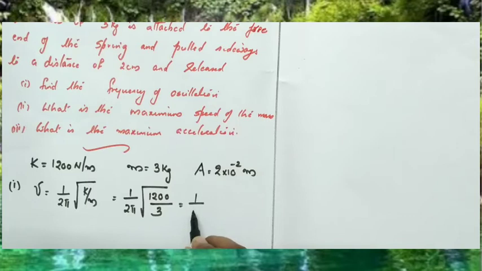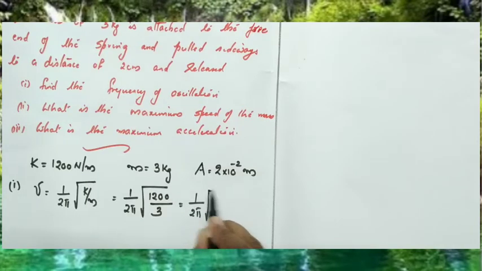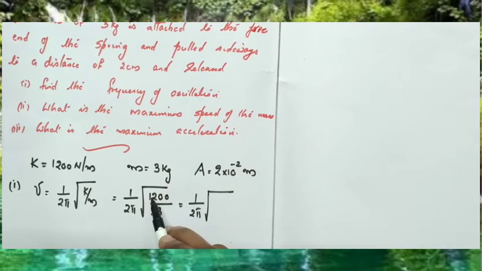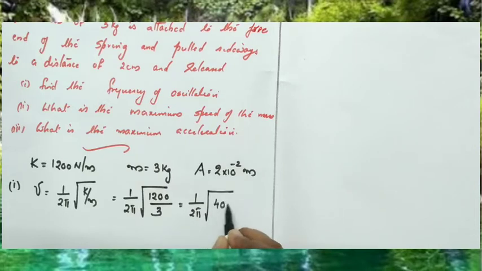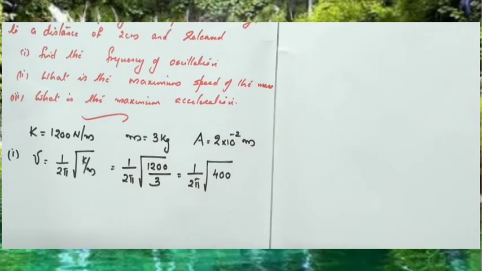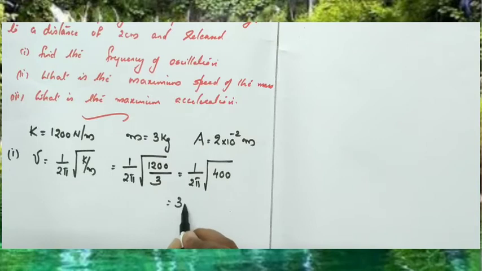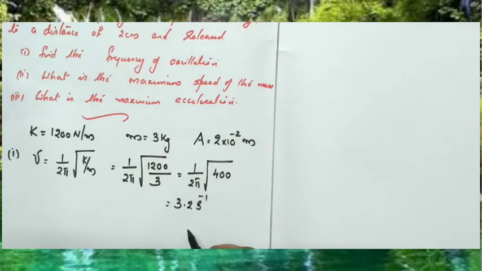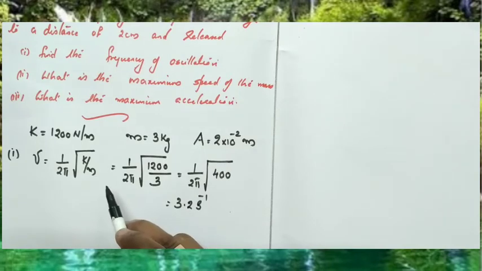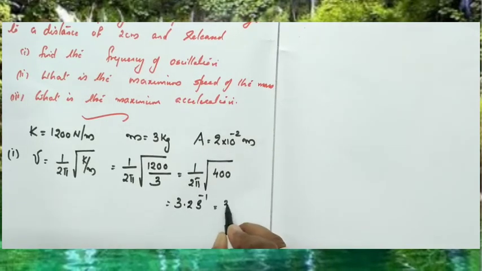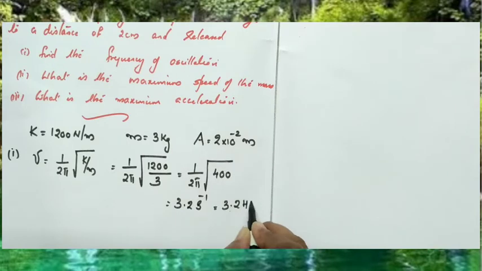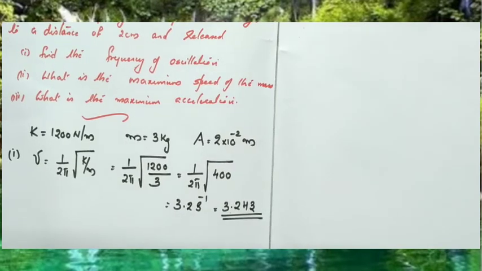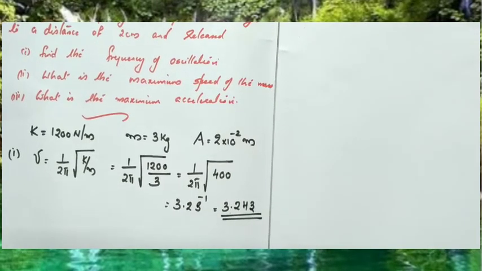So it is equal to 1 by 2 pi root 400. After simplification you will get the answer as 3.2 second raised to minus 1. Second raised to minus 1 is the unit of frequency, or it can be written as hertz also. So frequency is 3.2 hertz.